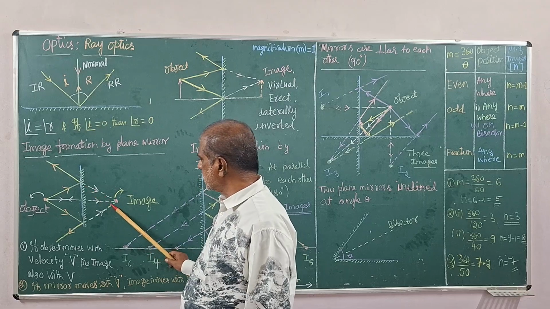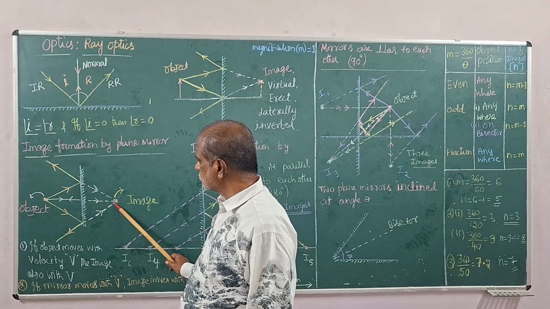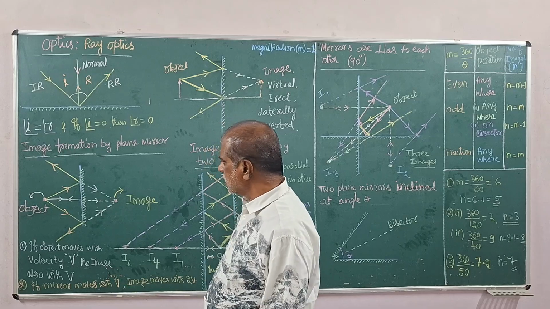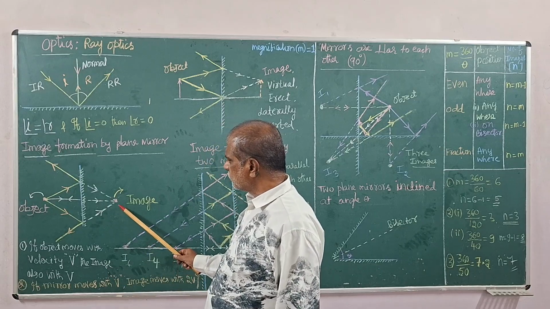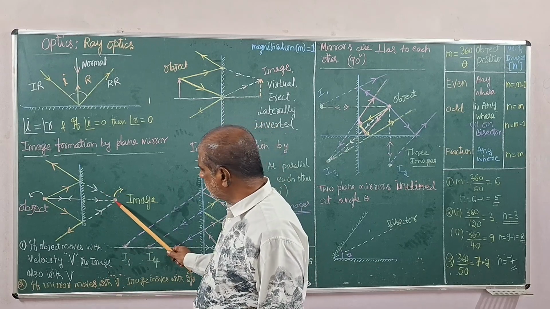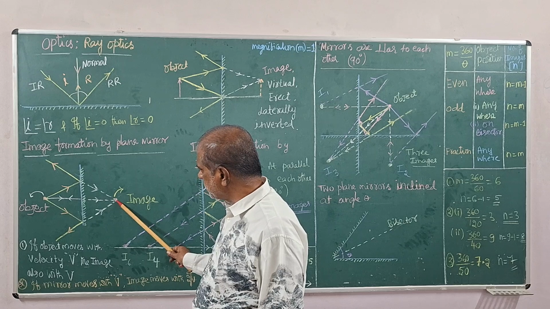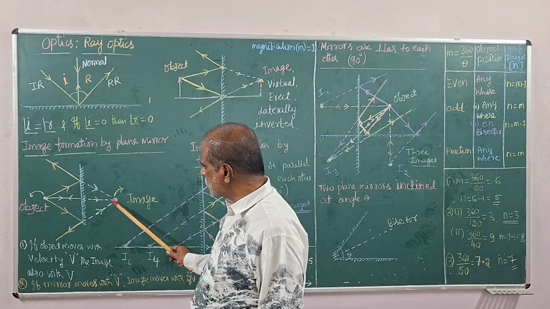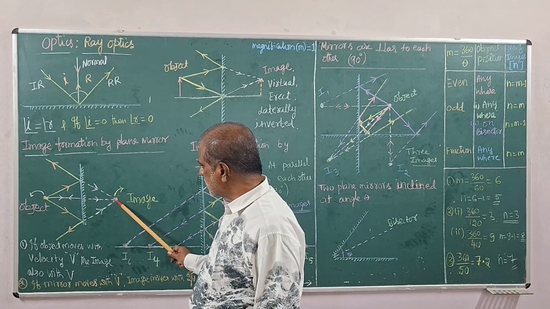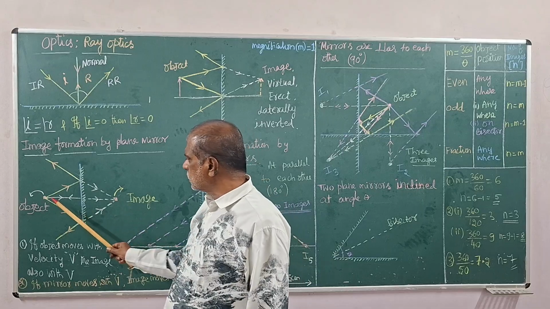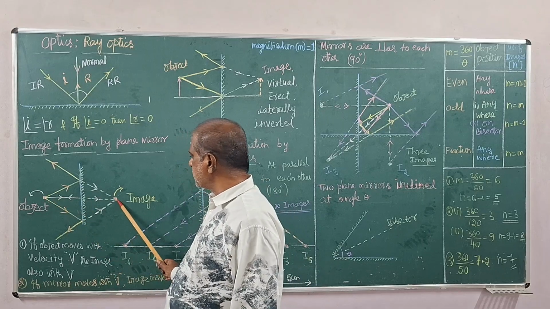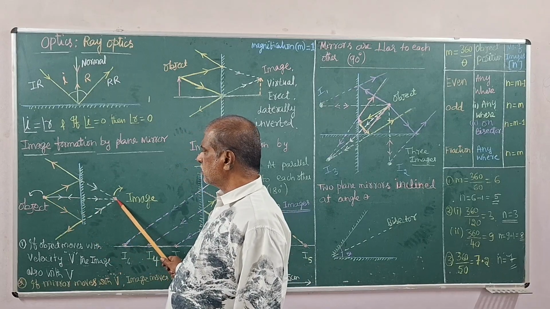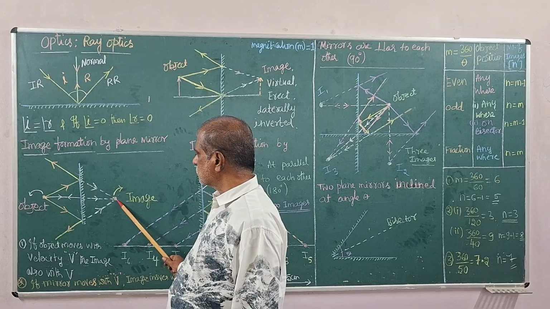These are divergent rays, backward extension. So it appears as if the rays are diverging from the source of this point, and that is the image. That is the reason this is observable when you see from here. It is called virtual image, the point image.